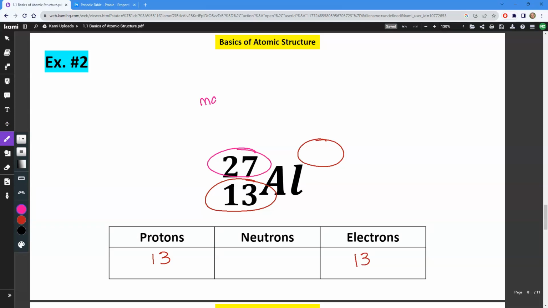Our mass number is equal to the number of protons plus the number of neutrons. So 27, which is our mass number, equals the number of protons, we know is 13, plus the number of neutrons. To get the number of neutrons, we would just subtract. And let's see, 27 minus 13 is 14.